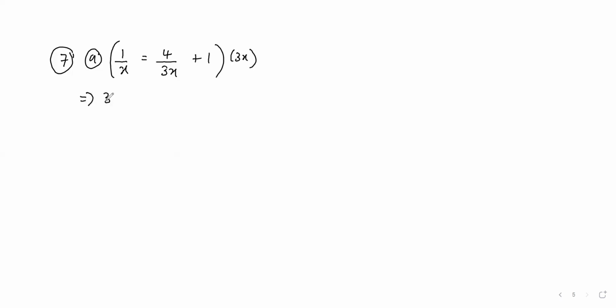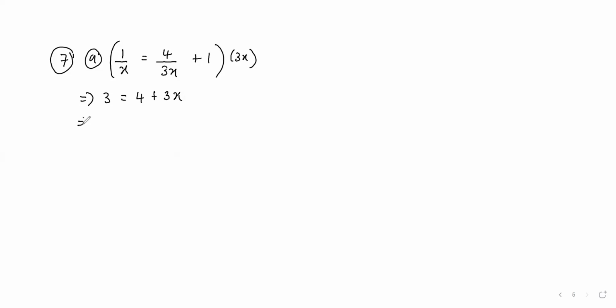So we're going to have 3 equal to 4 plus 3x. I hope you understand that. Because this is not like greater or equal to, so we multiply throughout.